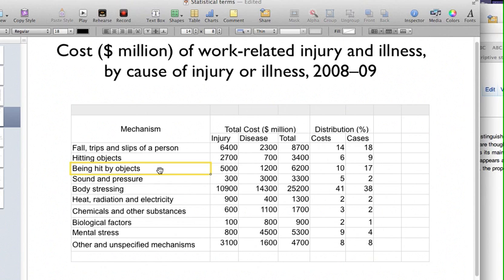If you want to infer something, here's a sort of inferential thing. Now imagine that I've just taken a job as the health and safety person for a big mining company. I find this data, and I think, okay, that's good. This can tell me something about what are the things that we do, what are they likely to cost in dollars in relationship to the operation of my business.